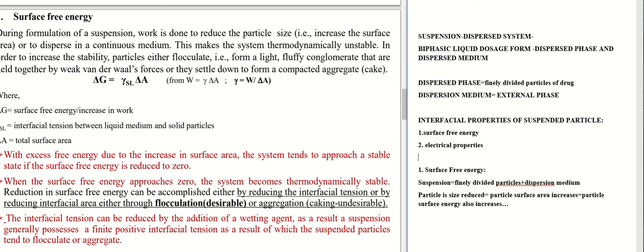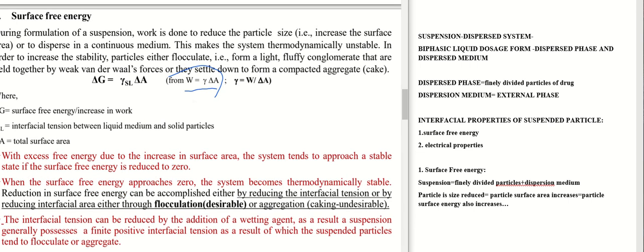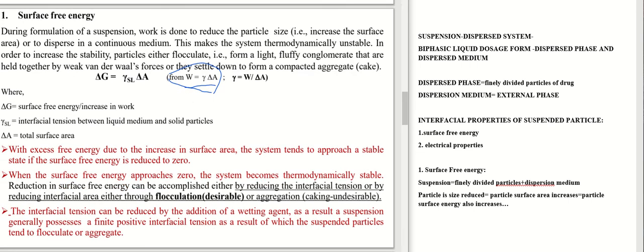From the formula of surface tension, which shows the work done is equal to surface tension into the change in the surface area, by making use of the same formula, we can get the formula for surface free energy.